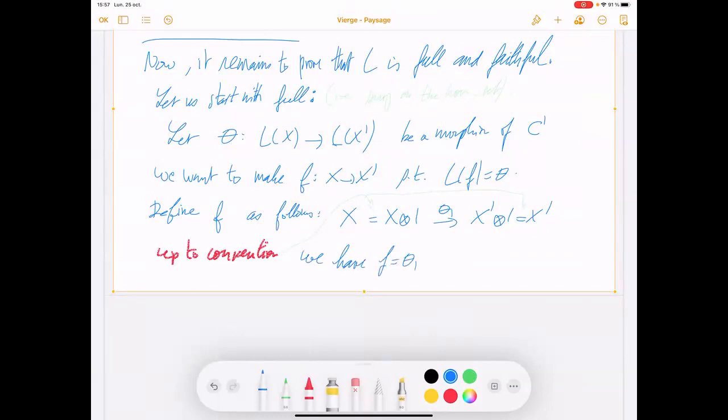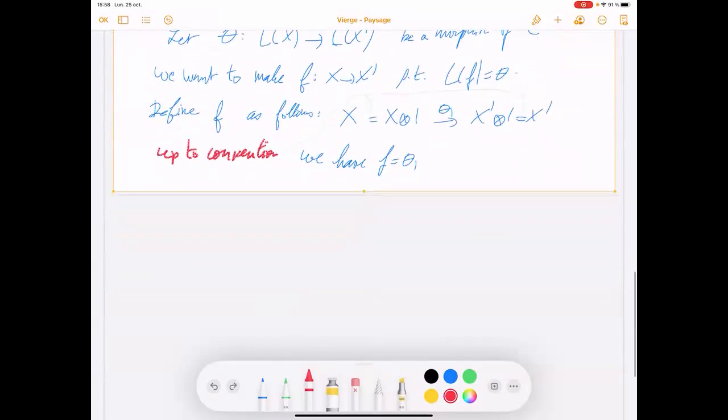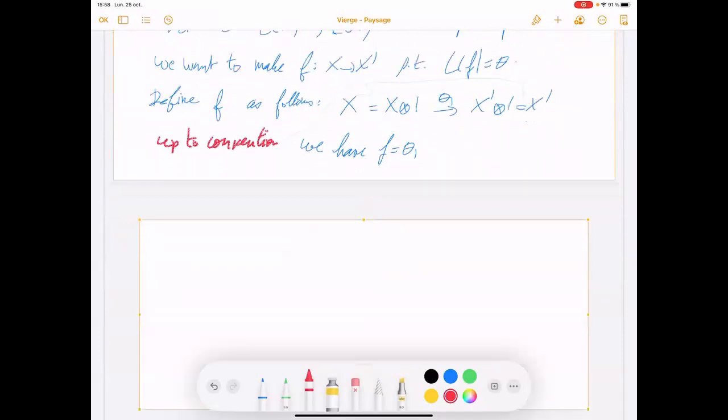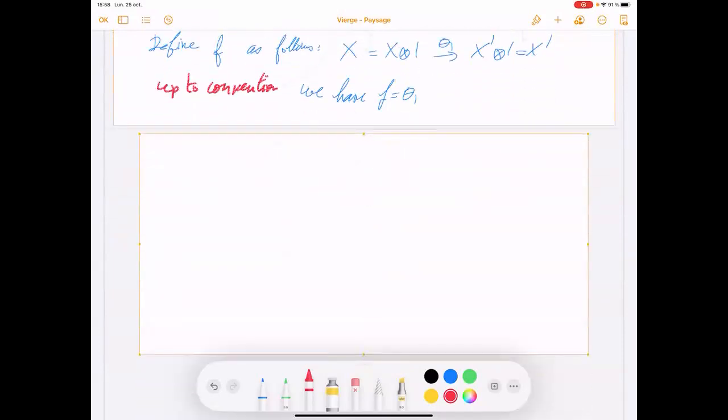You start from X, you get X prime. You go through X tensor 1 and X prime tensor 1, but we say this is the same. So F equals theta 1. Again, I simplify the proof from the book. I put the convention everywhere.